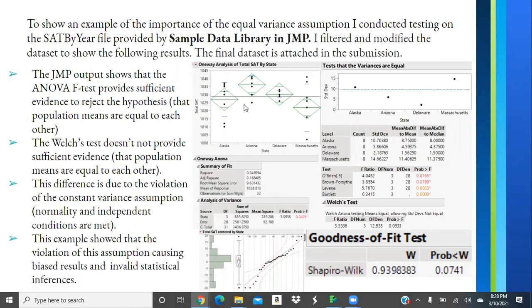So what happened here is that we could have conclusive evidence that the mean SAT score is not equal to each other. So among these states, the mean SAT score is not equal to each other.